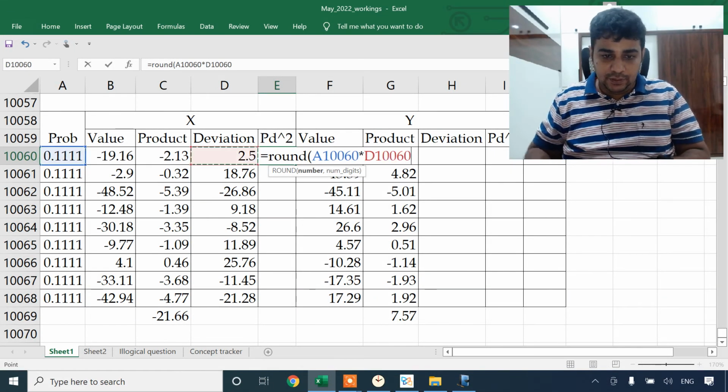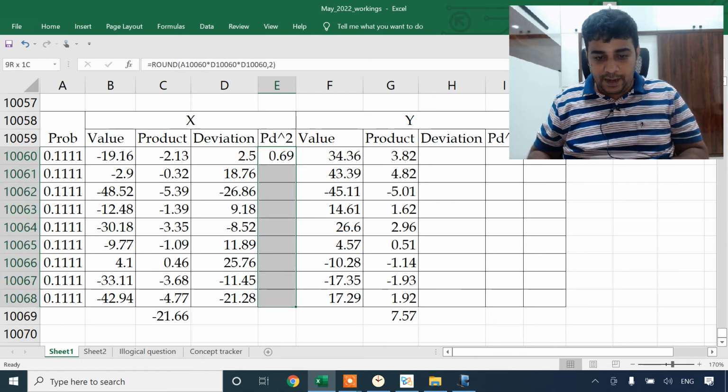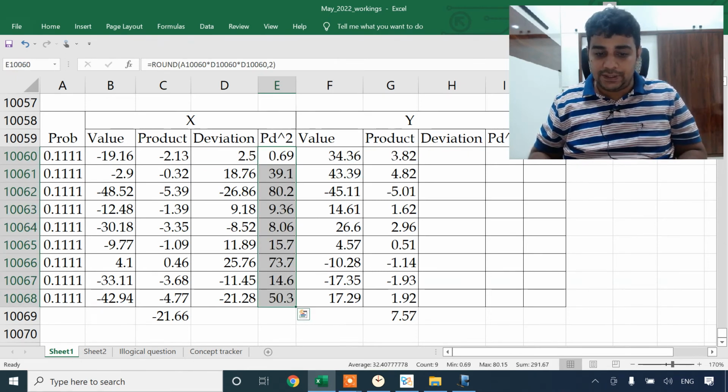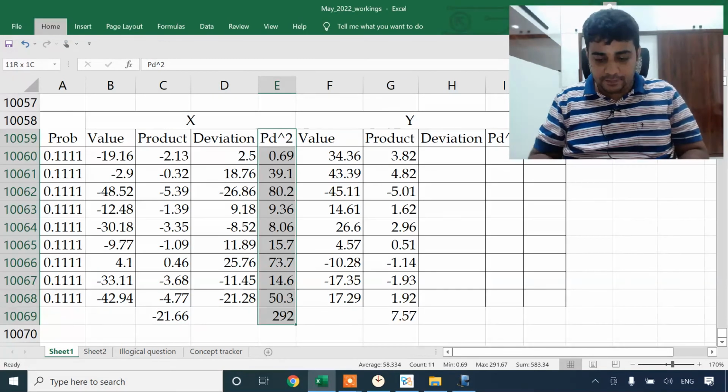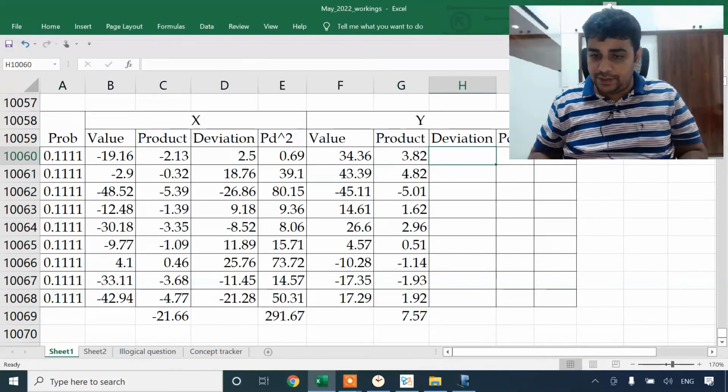Probability into deviation into deviation, again deviation.